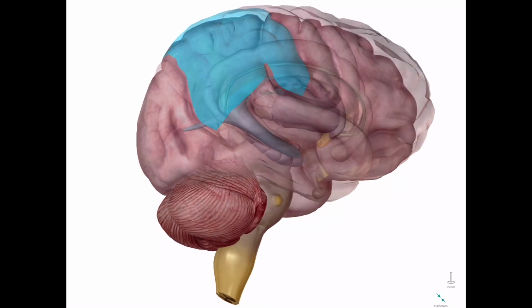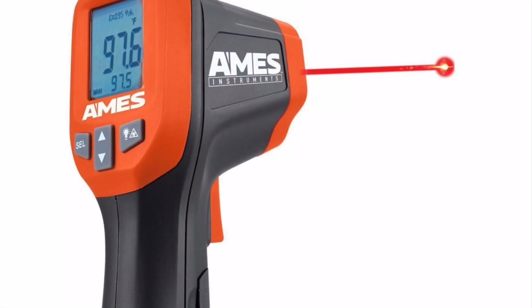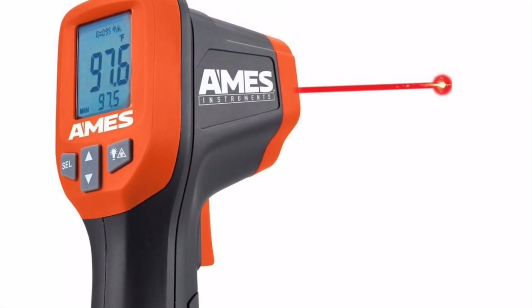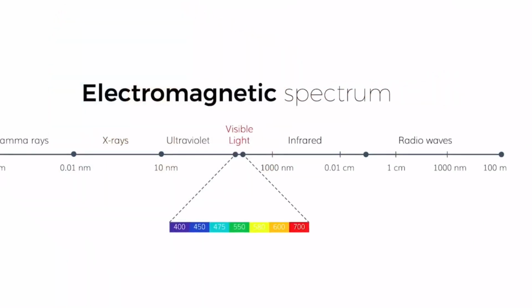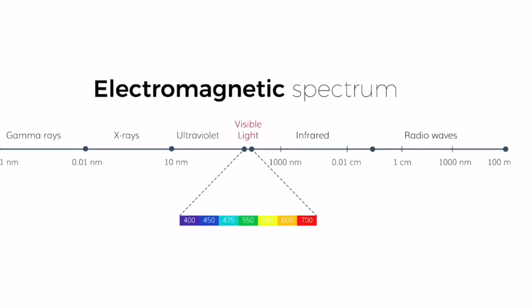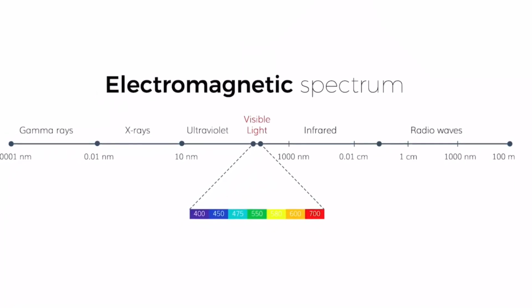It's pretty much like a temperature gun, like the infrared temperature gun as seen here on the screen. That temperature gun uses the electromagnetic spectrum, and it uses the infrared part of the spectrum. You've got radio waves there, infrared waves, then you've got visible light, what's visible to the naked eye.